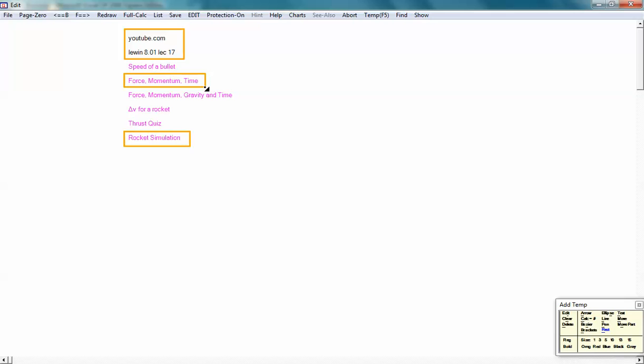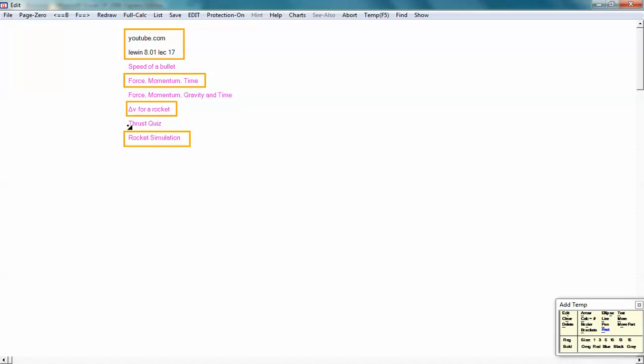This is sort of a remedial module to just review some physics that probably you haven't looked at in some time. Then we're going to get into the heart of the matter, which is a discussion of how the velocity of a rocket changes in relation to the fuel consumption, and it introduces the concept of thrust.